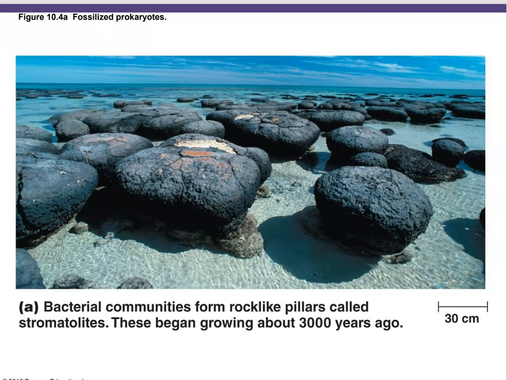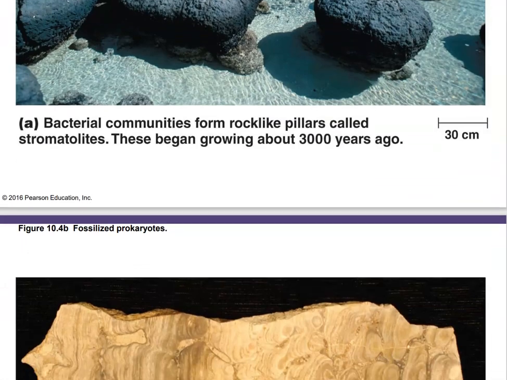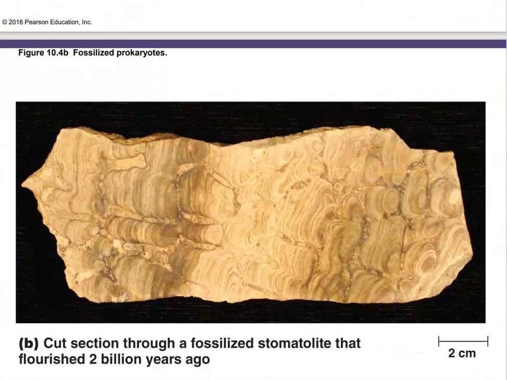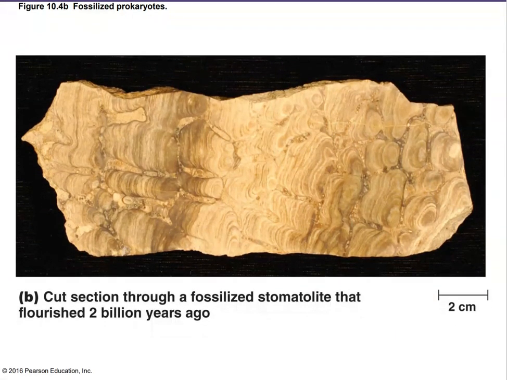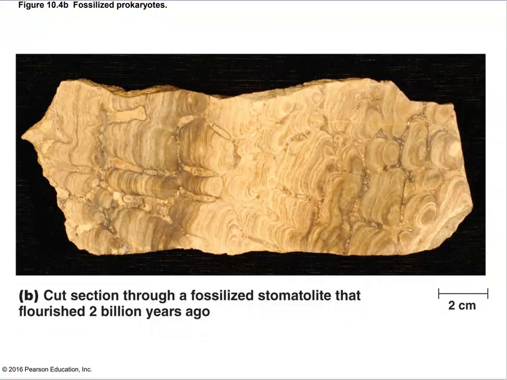Here's a slide that shows bacterial communities. They form these rock-like pillars, supposedly about 3,000 years ago. So it's kind of cool. This would be some fossil records, more fossilized prokaryotes, and these really ancient ones.